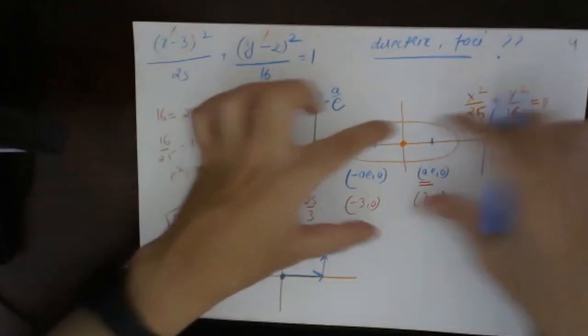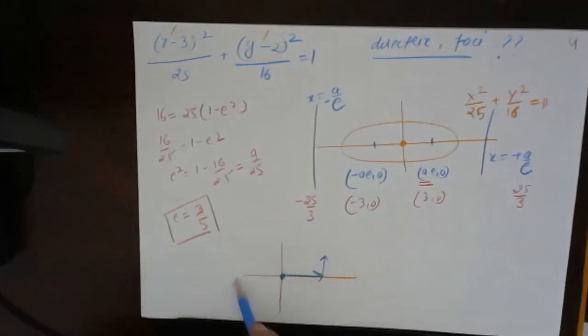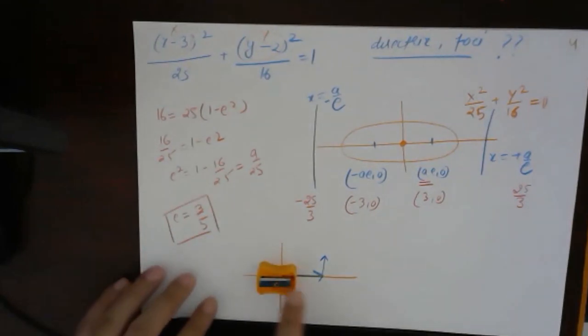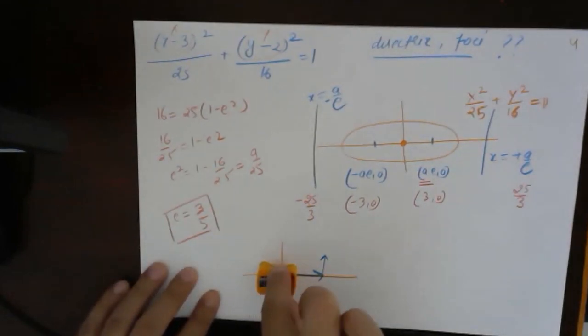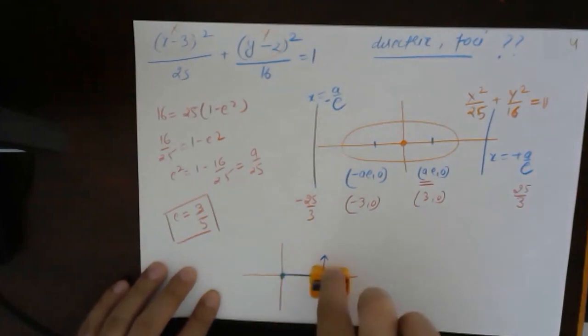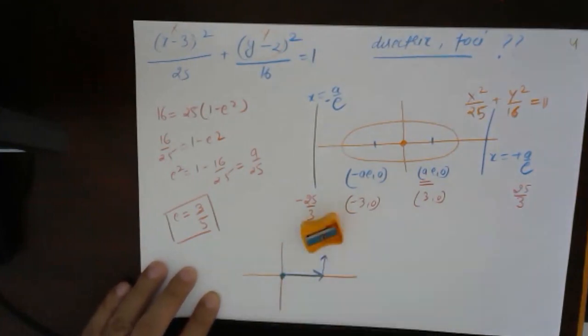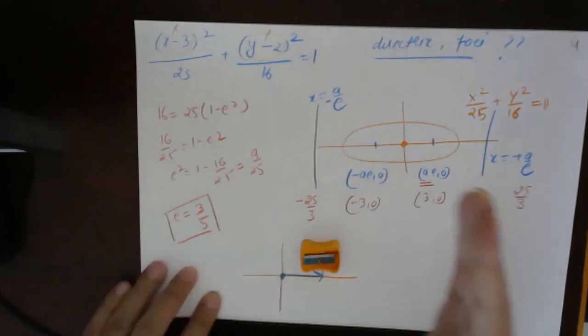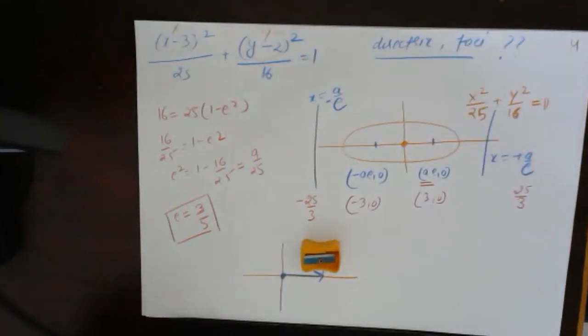So the whole ellipse which was here has now been moved 3 in this direction and 2 in this direction. Everybody understood?